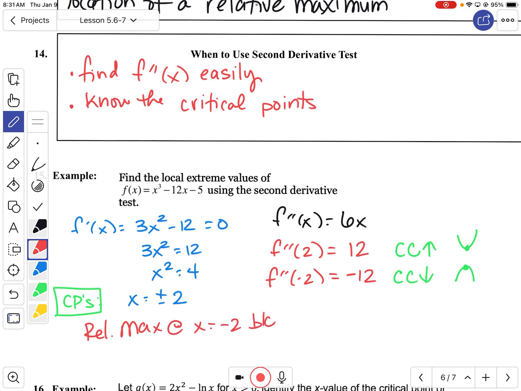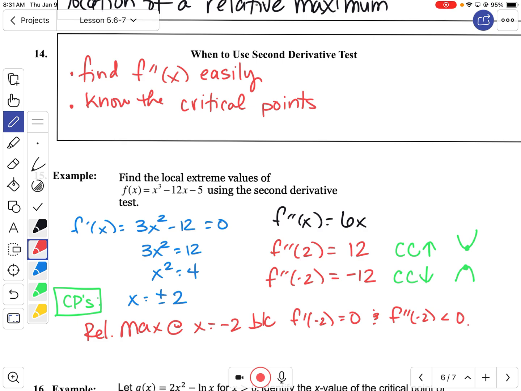I'm going to write the explanation statement just so you've got one, because f prime at negative 2 is equal to 0, and f double prime of negative 2 is less than 0.